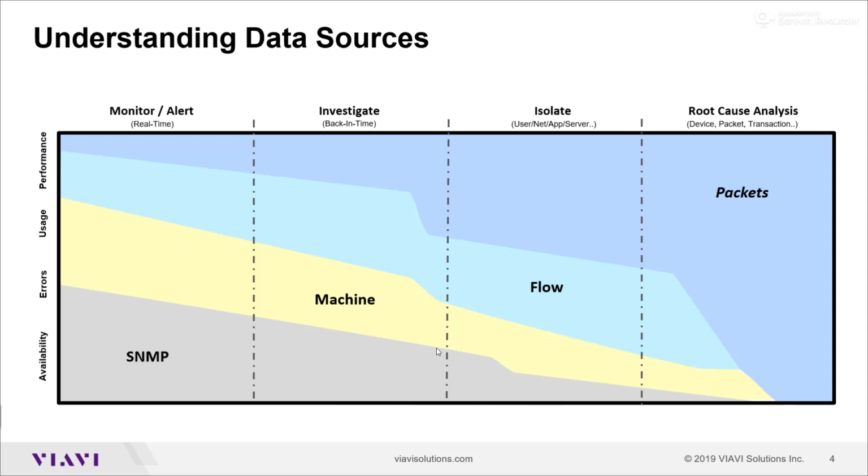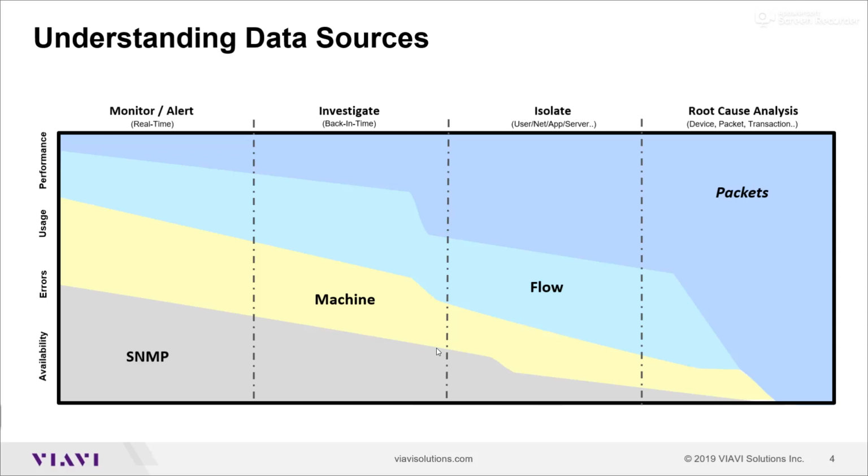We want to understand them on this continuum of real-time monitoring out through investigation, isolation, and finally diving deep into root cause analysis. What we've put together are the various strengths as well as limitations of where each one of these serves.